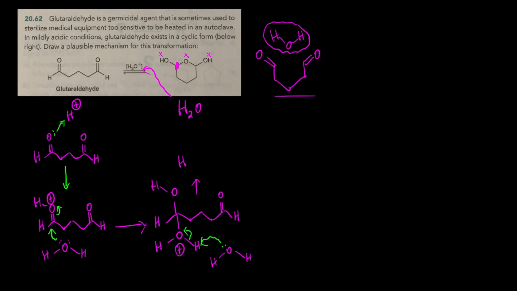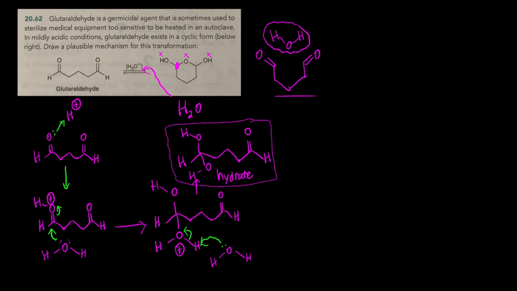And that would give us the next intermediate we can draw. So we call this a hydrate. I won't draw a line to it because there's too many arrows at this point. So this is a hydrate, where the carbon on the left has 2 OH groups.